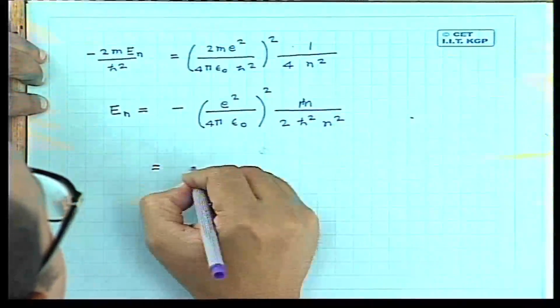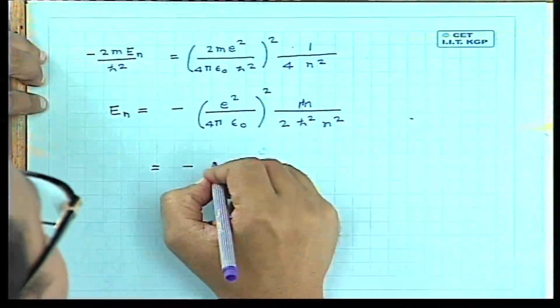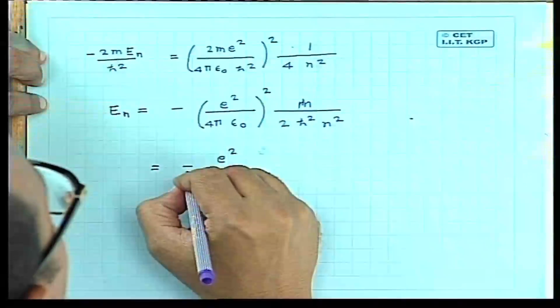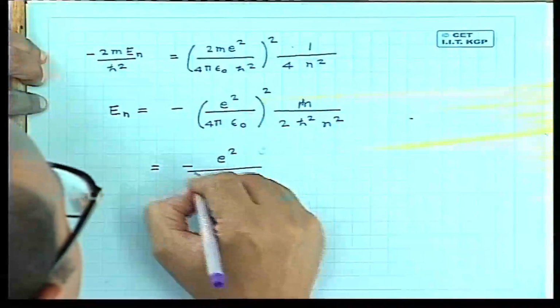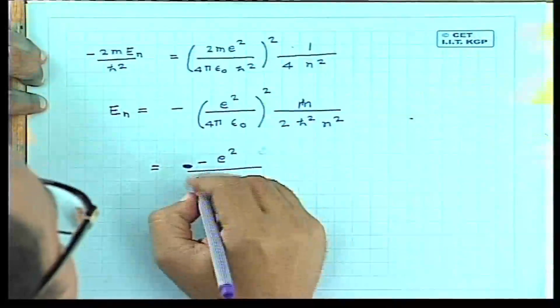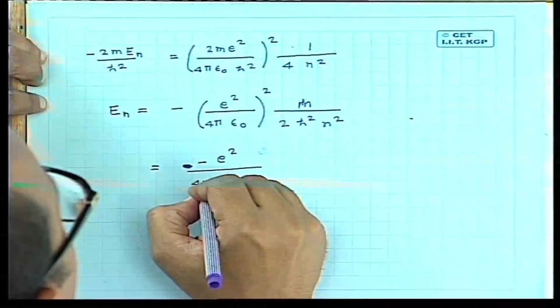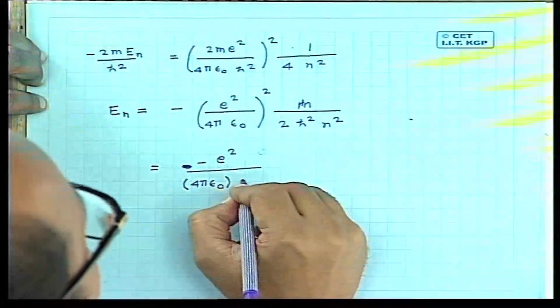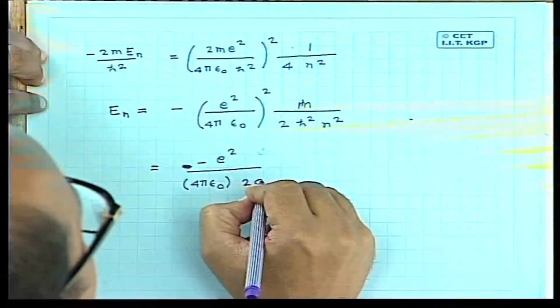We can also write this in a slightly different way. So let us first do that and then go into the interpretation of this. So we can write this as minus e square by 4 pi epsilon naught into 2 a naught.